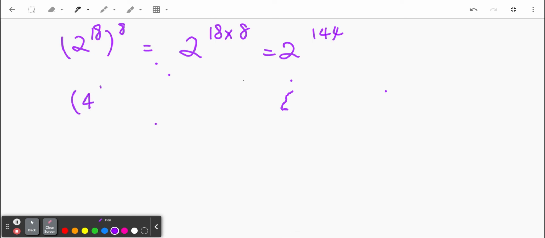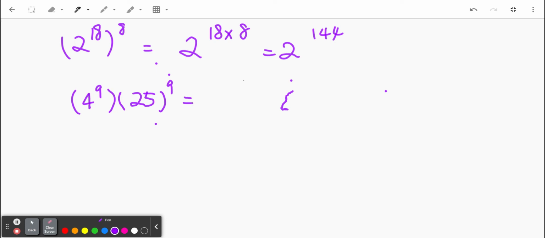Number 11. Simplify 4 to the power 9 times 25 to the power 9. So right now, how can we combine them? We can use our new knowledge, right? A to the power n times B to the power n. How do you combine it, Fabian? Do you have the notes down that I wrote on the board?